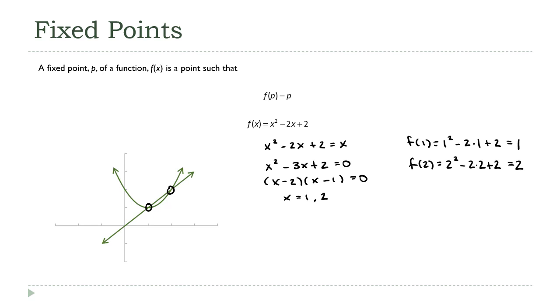And that's exactly what we want from a fixed point. The number we put in is the same as the number we got out. This also matches the graphical representation, where those crossing points do appear to be at x equals 1 and at x equals 2.